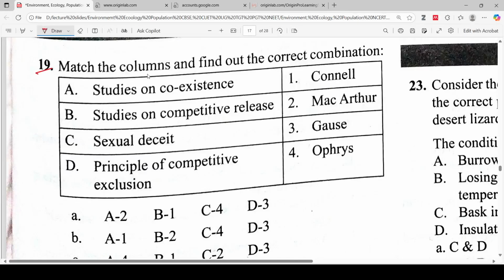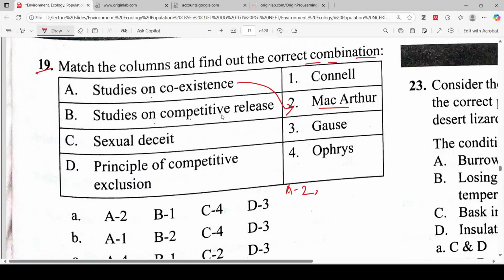Match the four columns and find out the correct combination. A matches with B, studies on coexistence, MacArthur studies. So A 2.